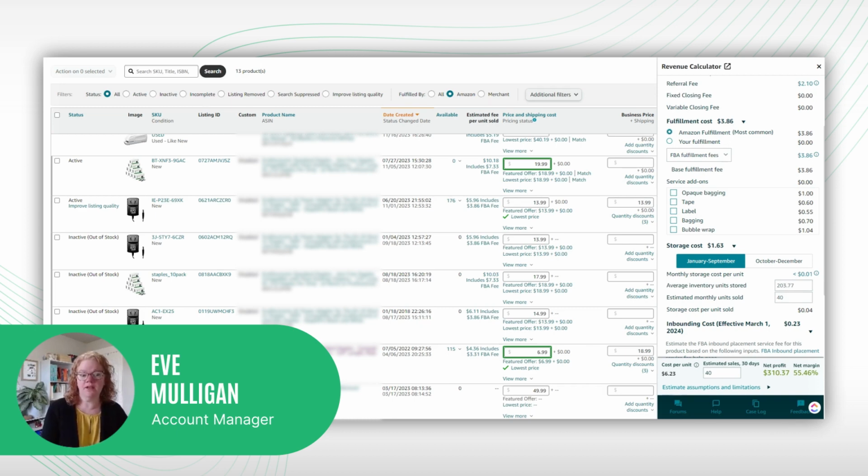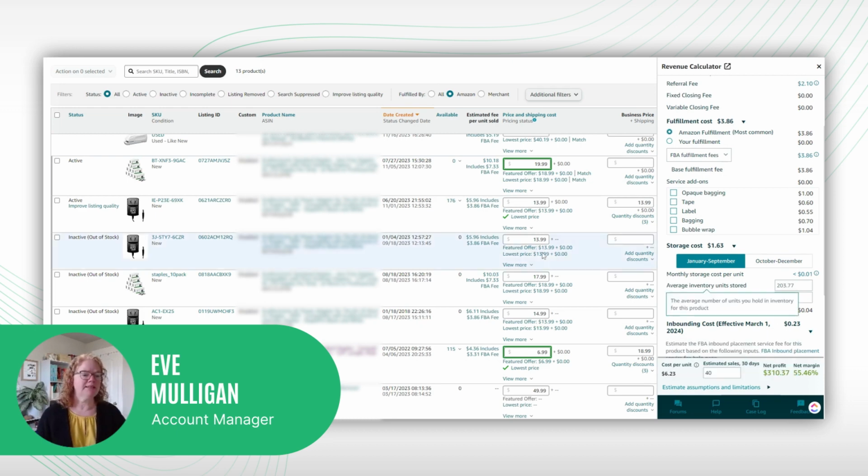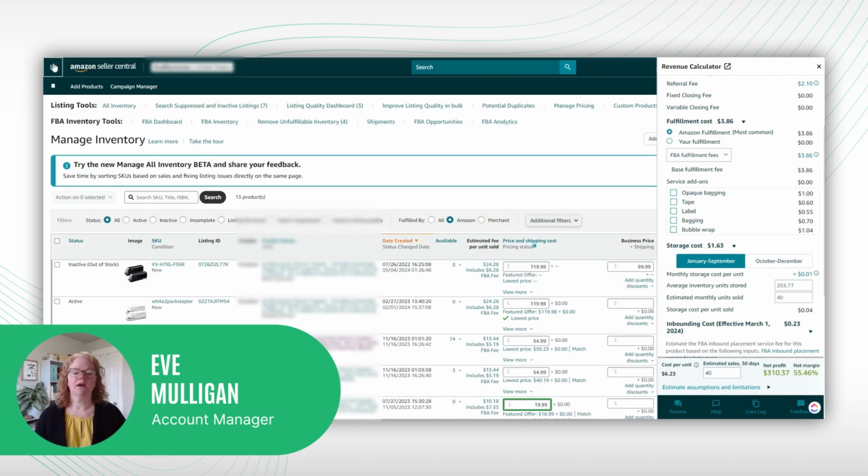Is it maybe worth it to pay additional months of storage costs to avoid the 24, 35, however many cents per unit? Every product, you're going to have to do these calculations on and find that sweet spot between sending in enough inventory to maybe avoid the fee, or in some cases, it's just not worth it. So this is a great place to test it out.